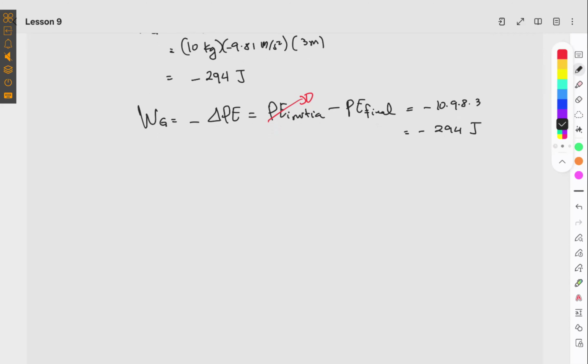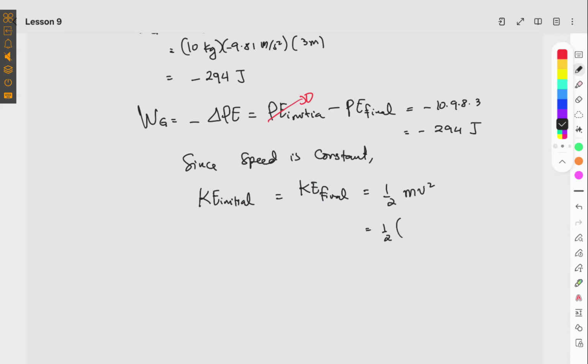The initial kinetic energy is equal to the final kinetic energy, which is simply 1/2 mass times v squared. 1/2 times the mass, 10 kilograms, times the velocity, 2 meters per second, squared.